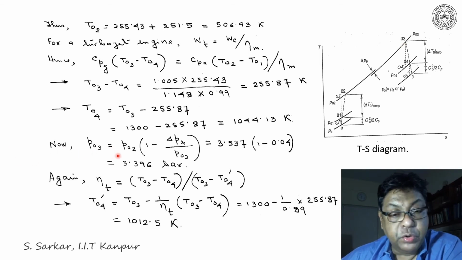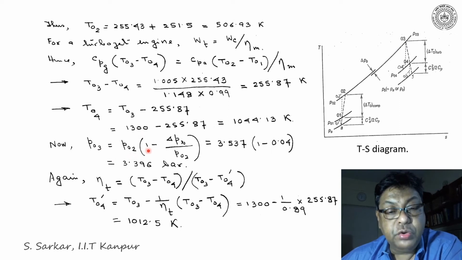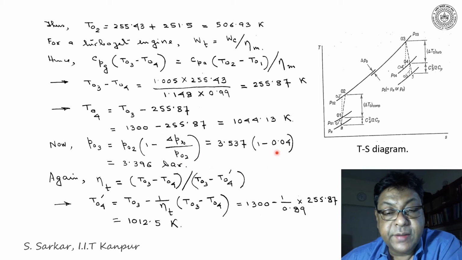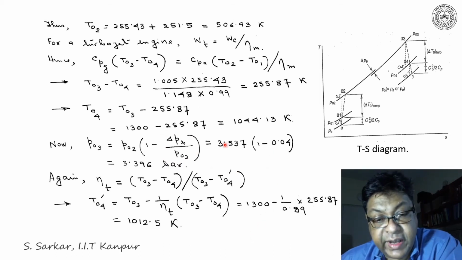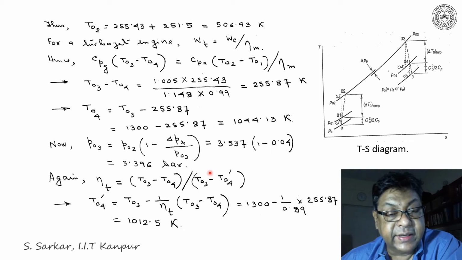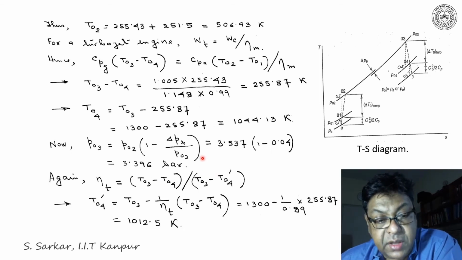That would be equal to P02 into 1 minus del P by P02. This is the pressure loss in the combustion chamber, which is stated as 0.04. Hence, I have evaluated P03 as 3.396 bar.